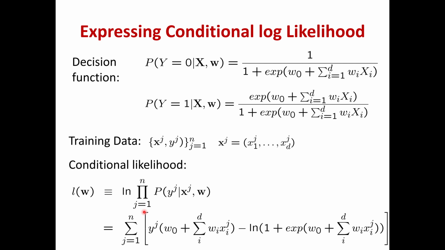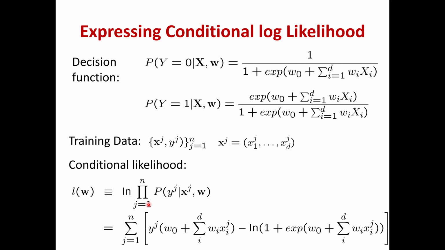Calculating this conditional likelihood function is very easy. We assumed that the instances in the training set are IID, that is, they are independent and identically distributed. Because of this assumption, the conditional likelihood is just the product of these p(y given x) probabilities in the training set.